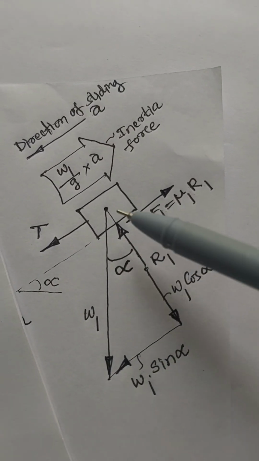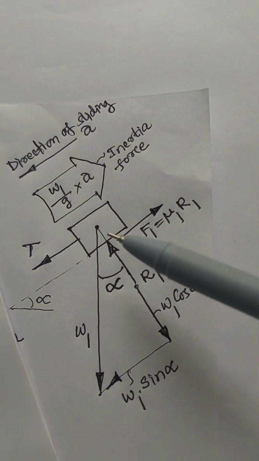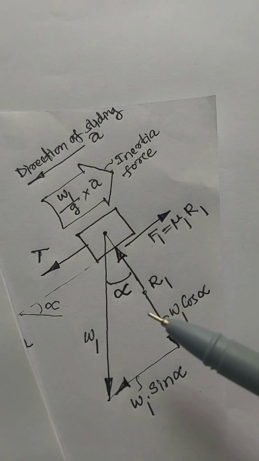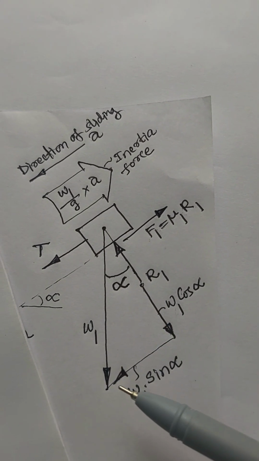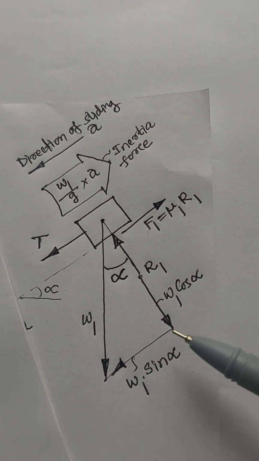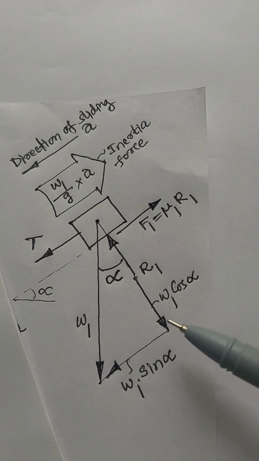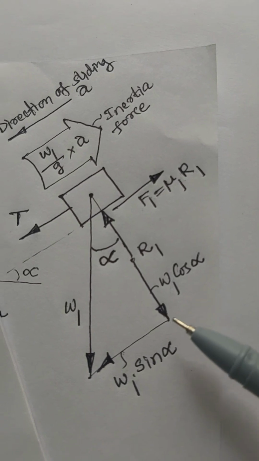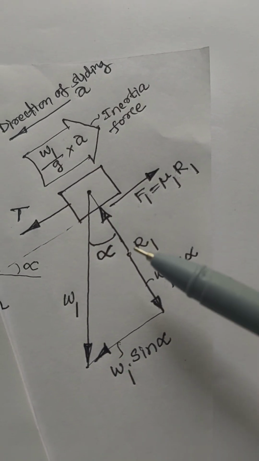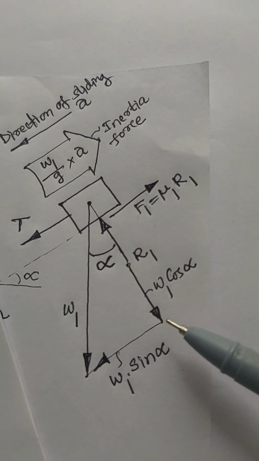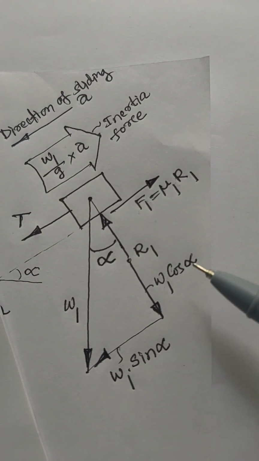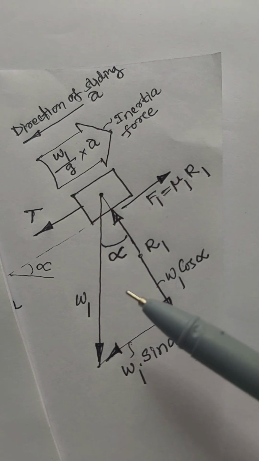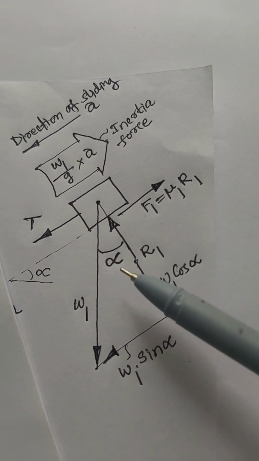As the weight force is at alpha inclination with the normal reaction force, for this W1 force we can find the components. For this alpha angle, this is the opposite component and this is the adjacent component. W1 cos alpha is the adjacent component and W1 sin alpha is the opposite component for this alpha.